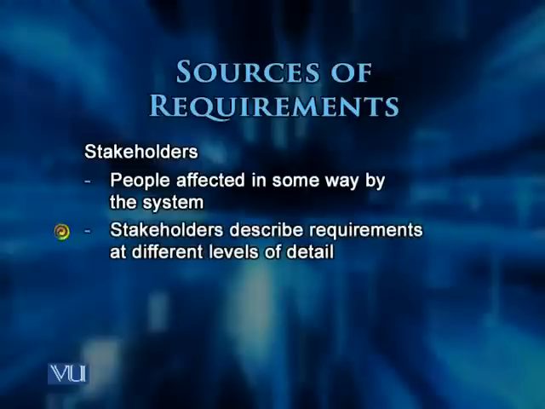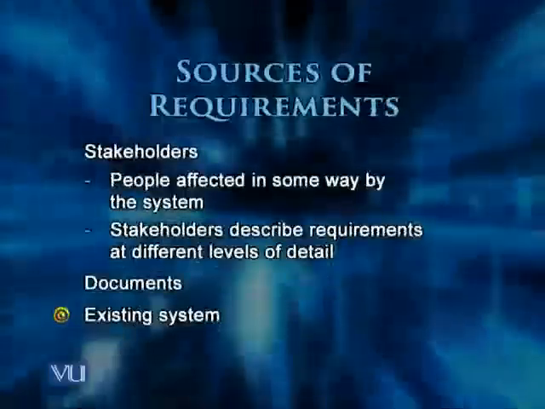Stakeholders describe requirements at different levels of detail in different levels of abstraction. Then there are documents. They also contain information about the existing system, about the application domain, and they also contain information about what is needed in the new software system. And then you have the existing system.